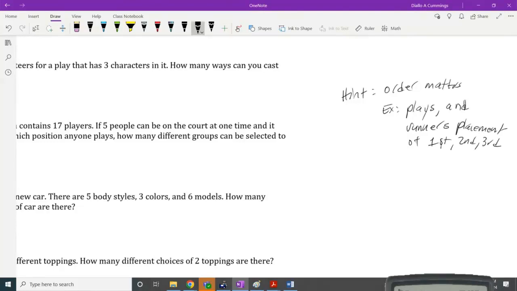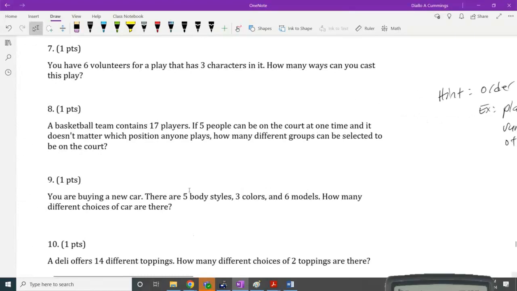These are two main examples because in plays, it matters who plays what role. For runners, when you're talking about placing first, second, and third, or gold, silver, and bronze, the order matters because you don't want to give the gold medal to the person that walked across the finish line last. So order matters.